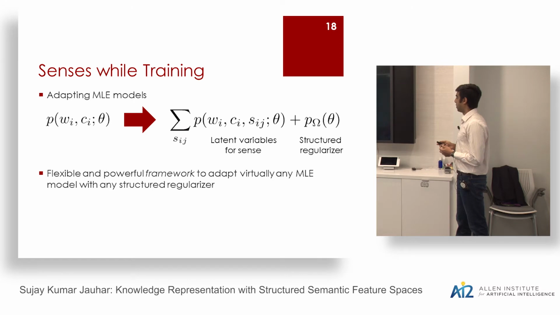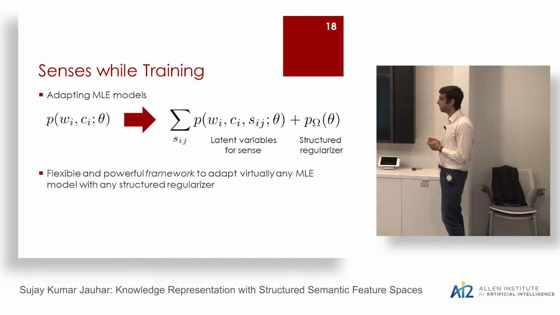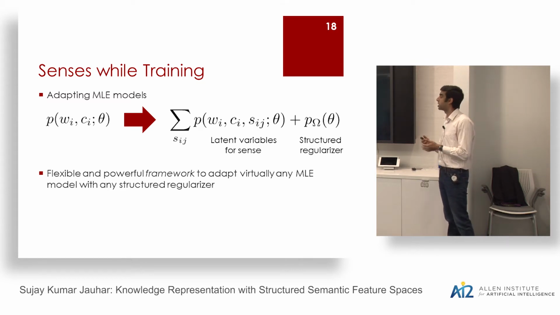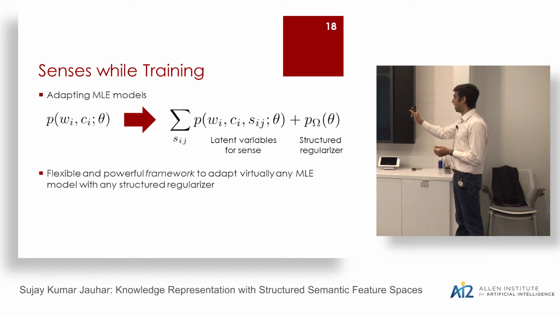All right, but what if you wanted to learn senses while training? Well, we got you covered there as well. In this case, we can't apply it to any vector space model, but we can apply it to a large class of models, specifically those that try to learn representations by maximizing the likelihood of a corpus. Typically, these work by computing the probability of word context pairs over your entire corpus.